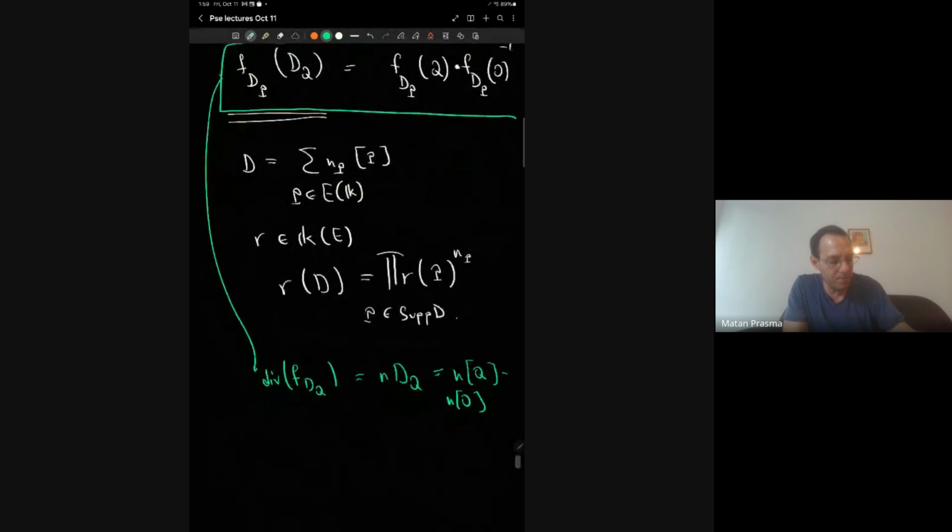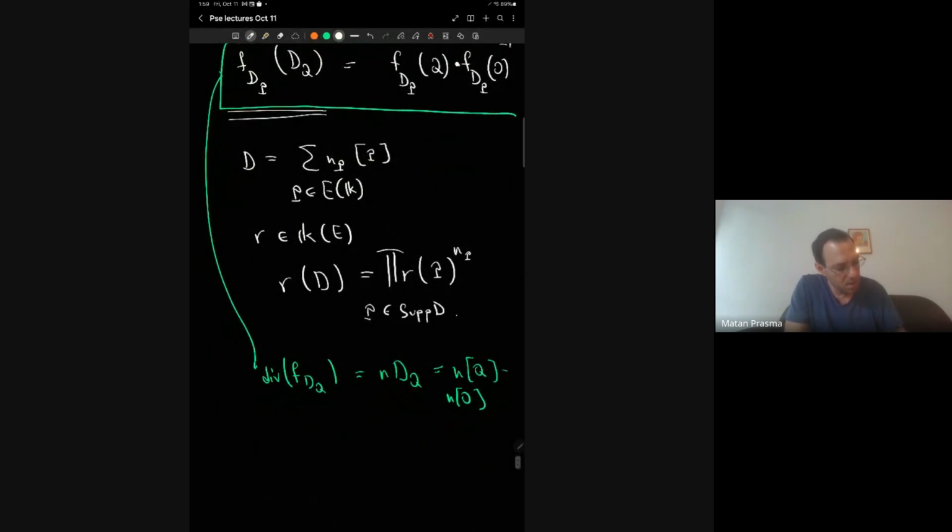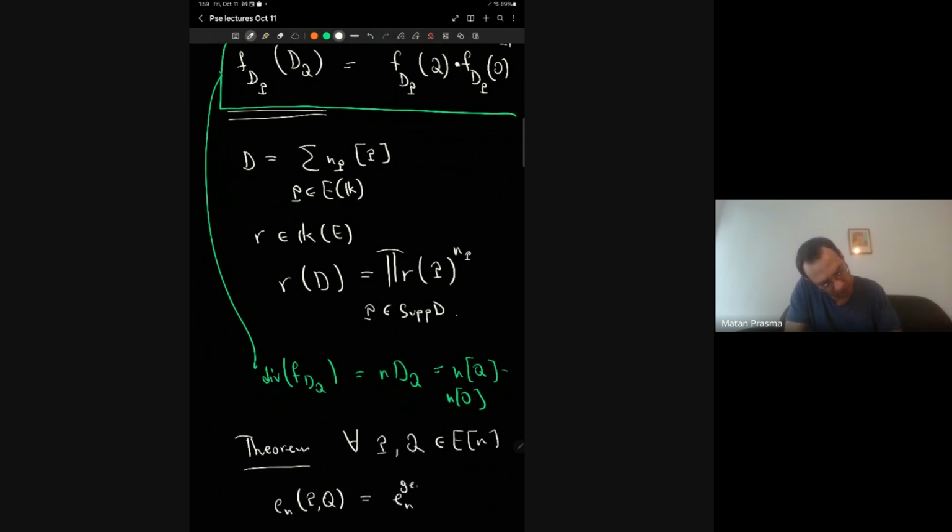Let's say, theorem: for any P and Q, En(P,Q) is equal to En generic (P,Q).